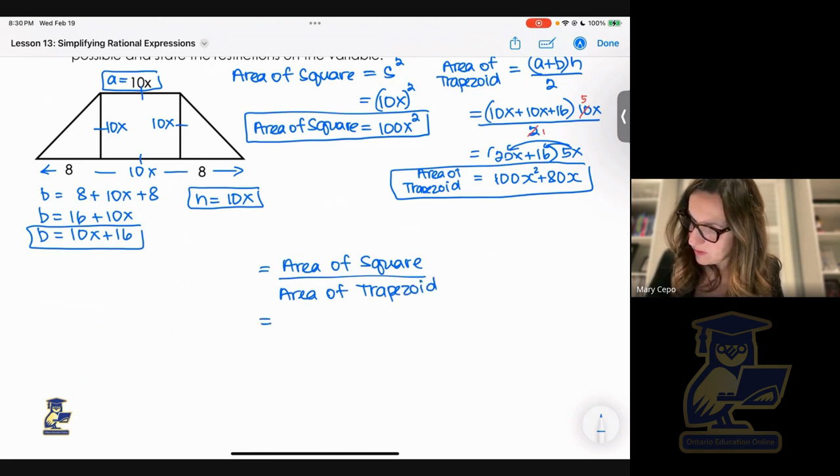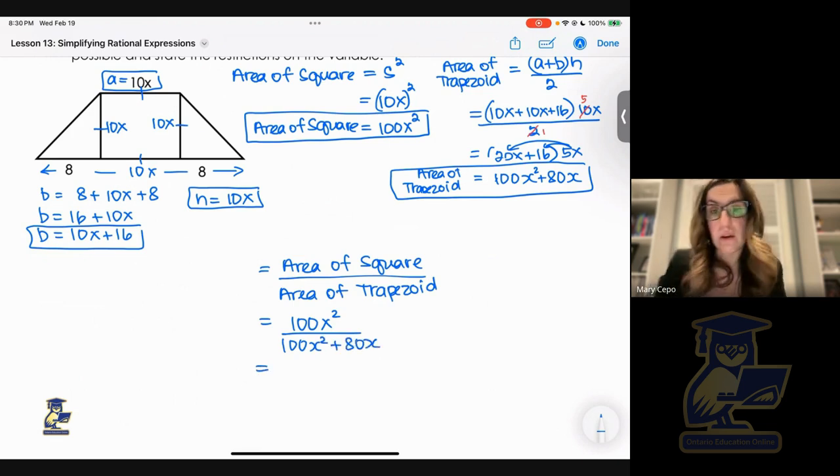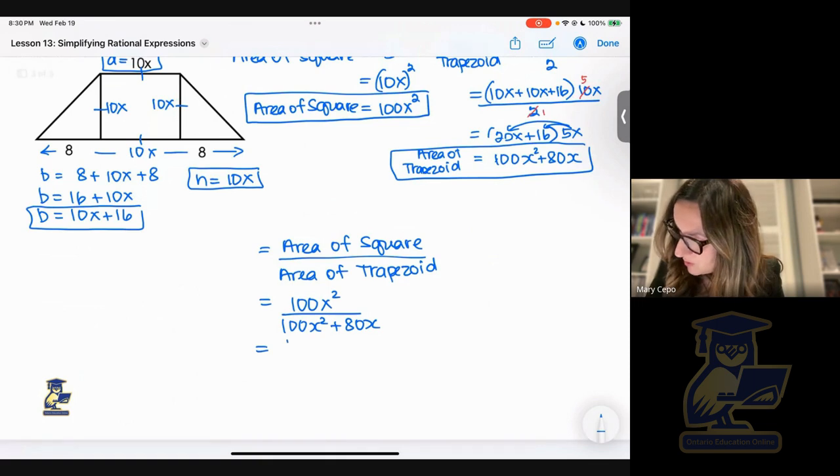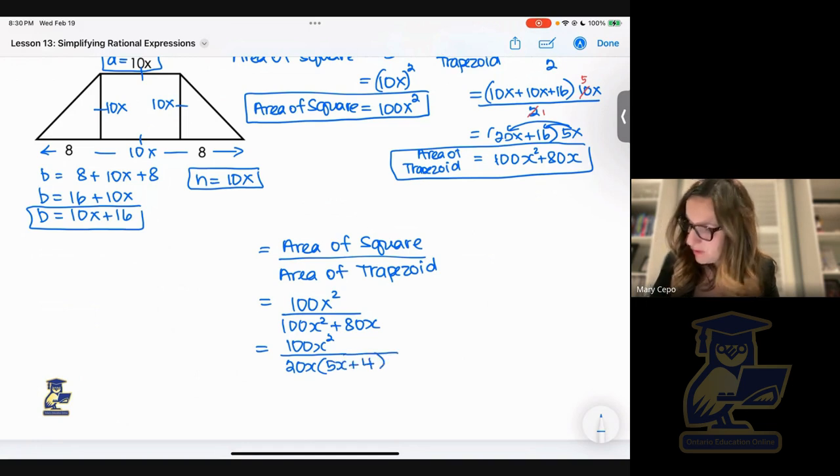The area of the square we know is 100x squared, all over 100x squared plus 80x. Now again, as in all the other examples we have applied, we need to make sure we fully factor both the numerator and the denominator. The numerator is a single term, a monomial, so that's fine. But we can factor out a 20x out of the denominator, and we're left with 5x plus 4.